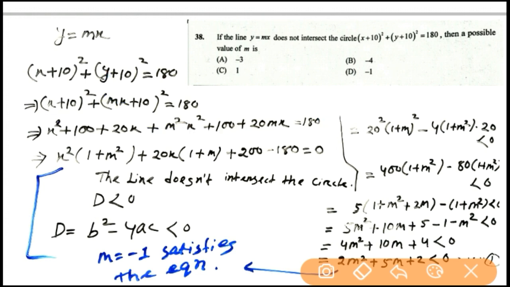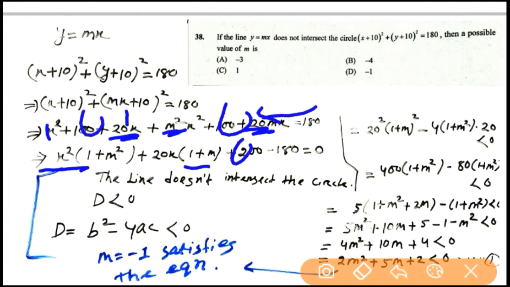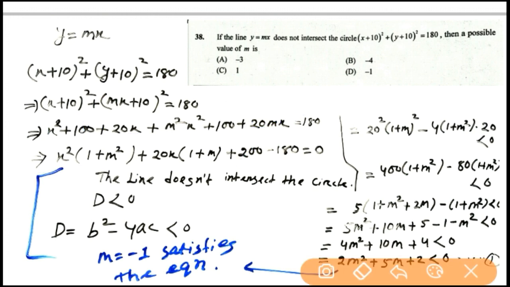By taking common x², we have (1 + m²), and taking common 20x, (1 + m), plus 100 plus 100, 200 minus 180 equal to 0. The line does not intersect the circle means D is less than 0. D is b² minus 4ac, which is less than 0.